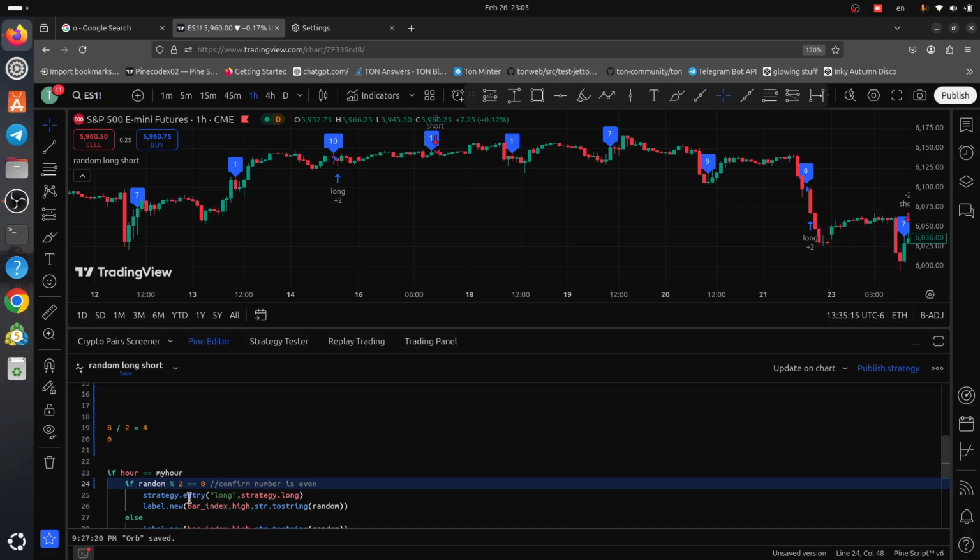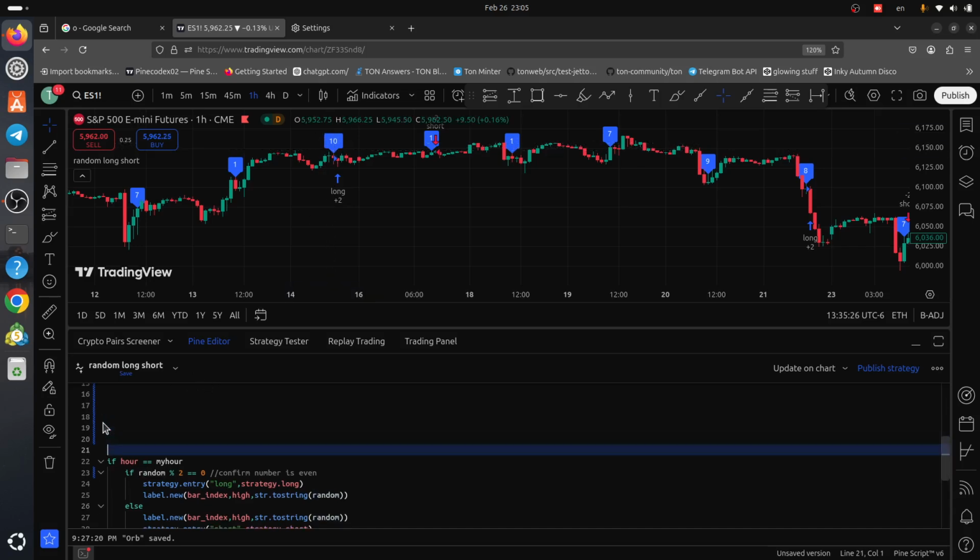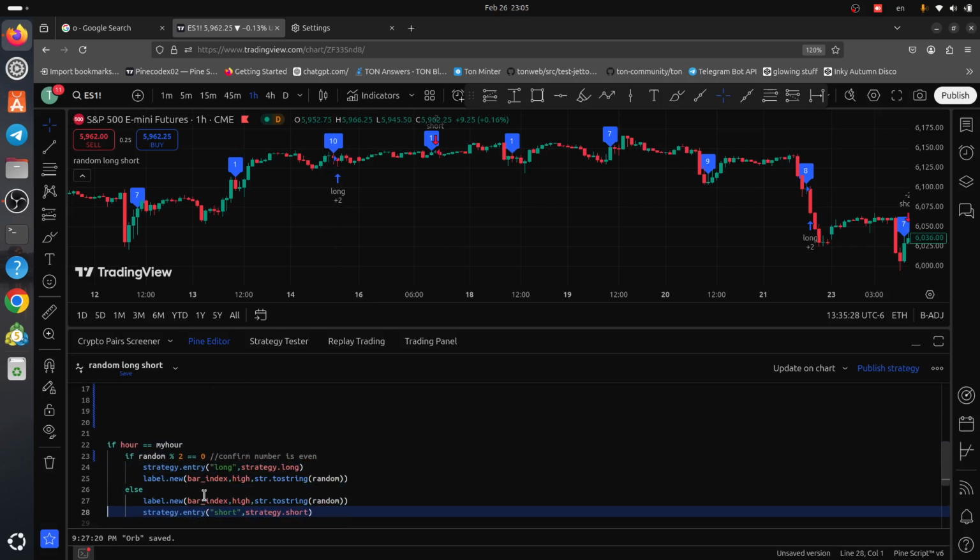So if it's even, open a long position, and show my random number. Else it's odd, so open a short position.